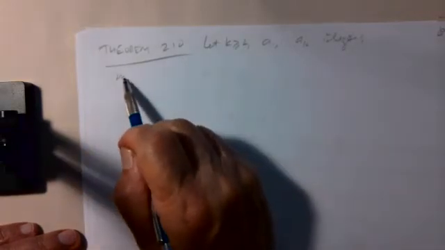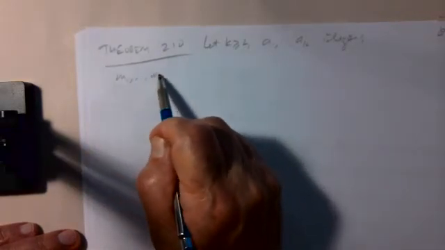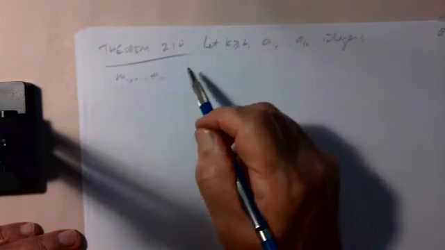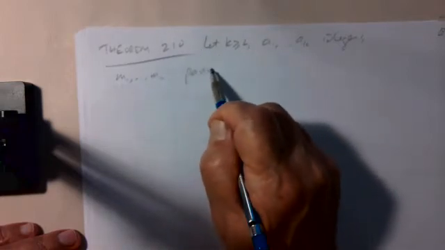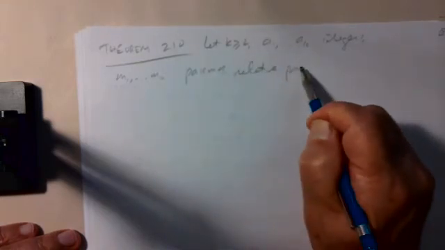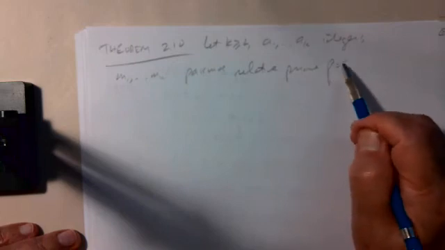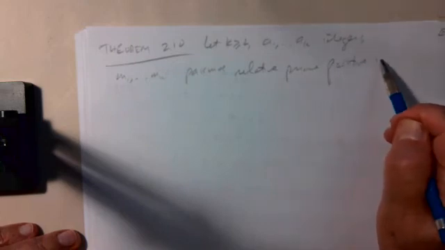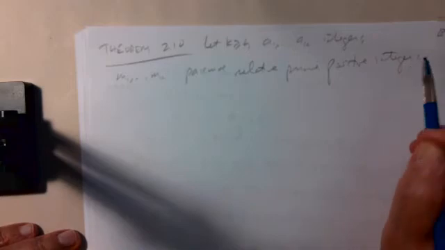And I want moduli m1 up to m sub k pairwise relatively prime positive integers.